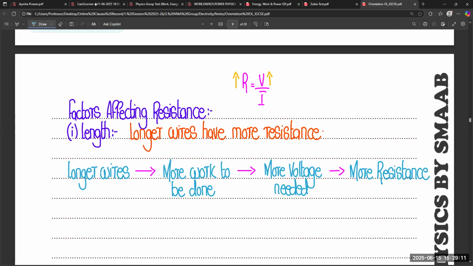And the second factor is related to the cross-sectional area, like the thickness of the wire.